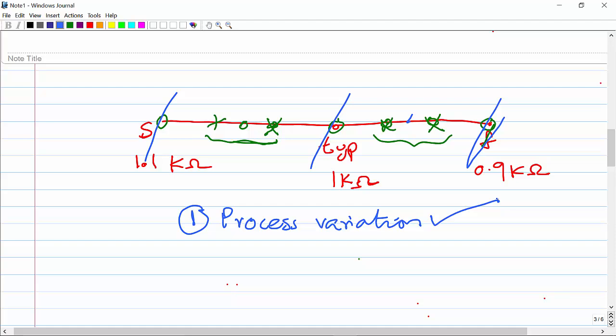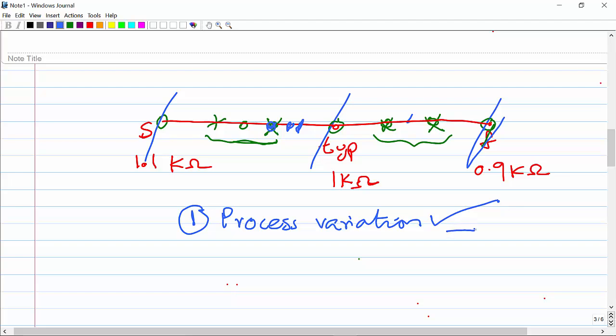When we run a Monte Carlo simulation, will it be located here or here? Who is determining that? In Monte Carlo analysis, those points are selected randomly, or we can give some statistics to select the points.